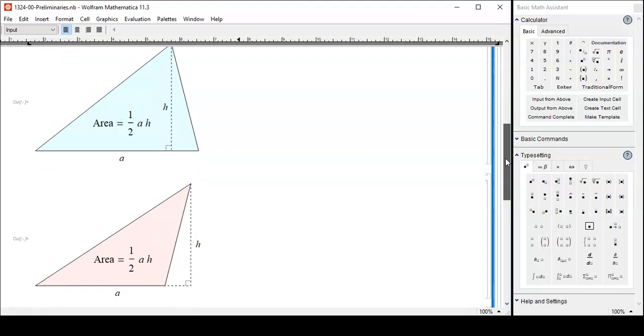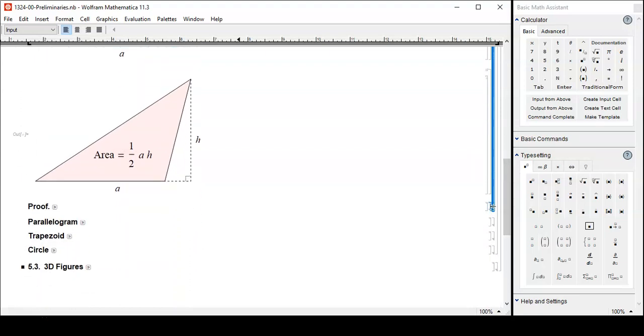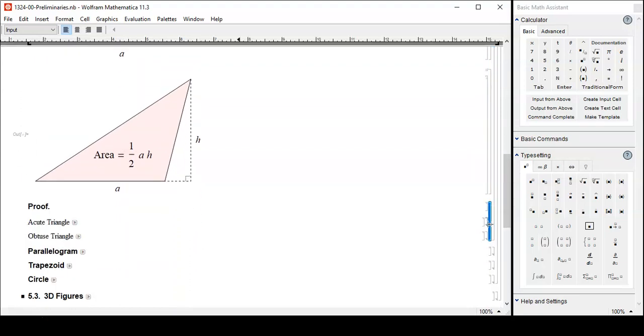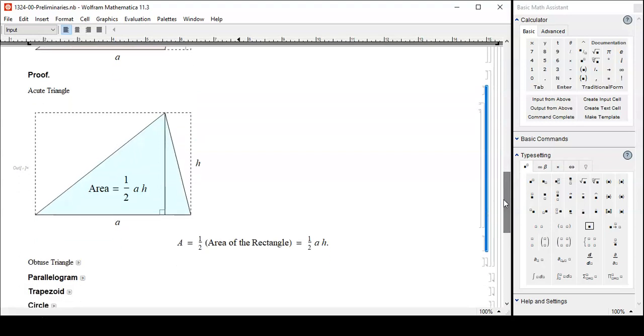1/2 base times height. The proof is, as a matter of fact, like this. An acute triangle. You can inscribe it in a larger rectangle, a times h. And please note that this original triangle is half the area of this rectangle.